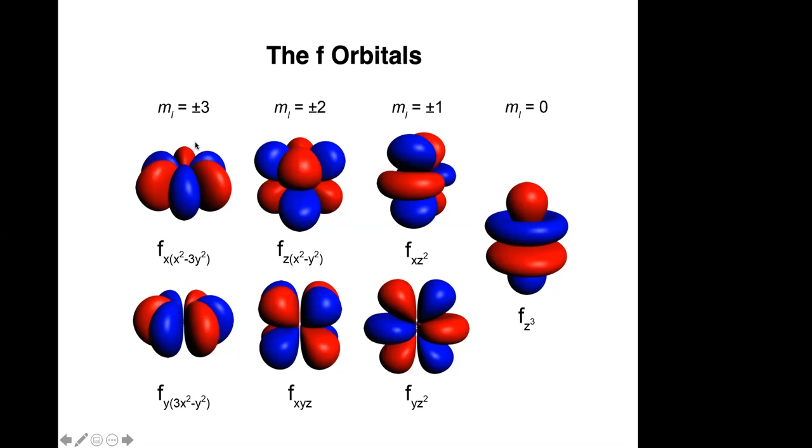Right, so ±3, these are the most squashed orbitals that spread the electrons out away from the Z-axis, and these have the highest orbital contributions to the moment.